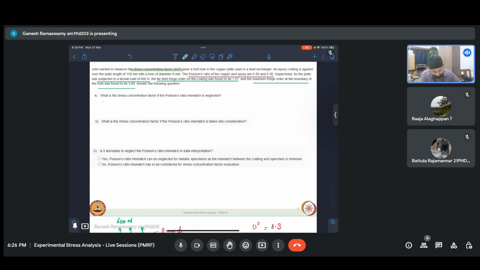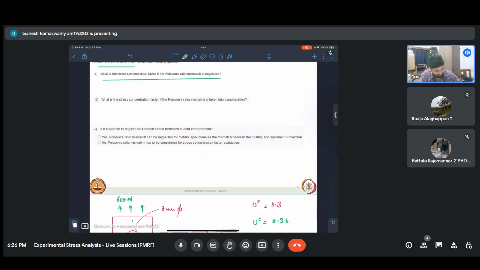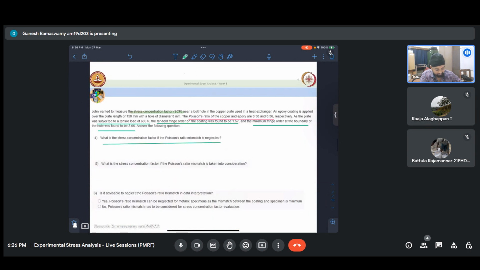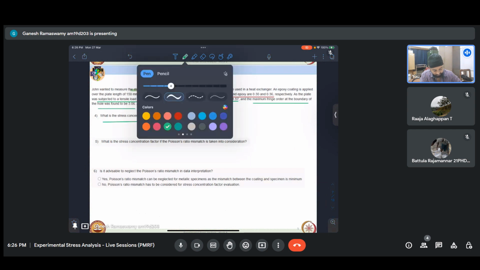What is the stress concentration factor if the Poisson's ratio mismatch is neglected? Essentially, this mismatch that is coming, 0.3 to 0.36. If it is neglected, what will be the stress concentration factor is what is asked.